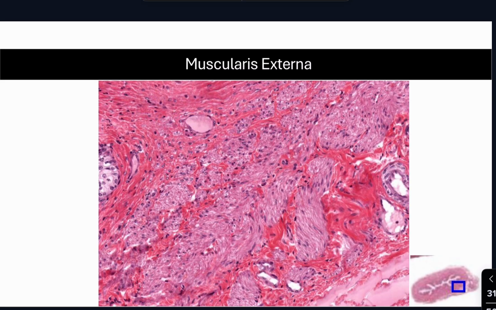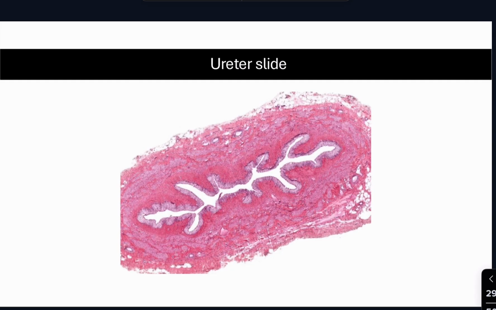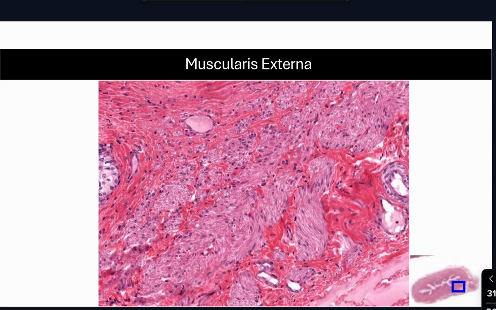If we zoom in on this area over here, we're going to zoom in now onto the muscularis externa layer, and that's going to show us kind of an irregular arrangement of smooth muscle in two layers. You have the inner longitudinal and the outer circular layer, and that's going to be in the upper ureter, and then the three different layers in the bottom.